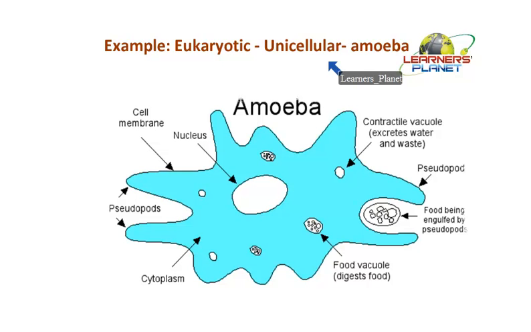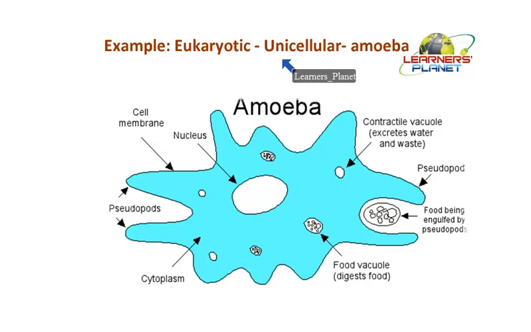So these unicellular organisms can be either prokaryotic or eukaryotic. We have studied the prokaryotes till now, and now is the time for understanding eukaryotic organisms. Let us give an example, that is amoeba. There are so many other examples of such eukaryotic unicellular organisms.